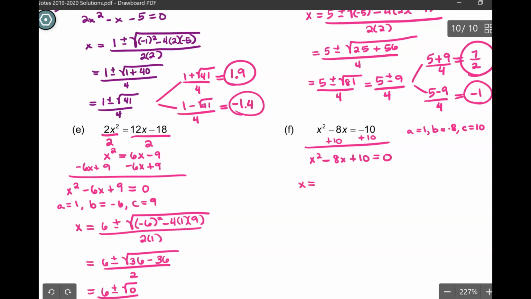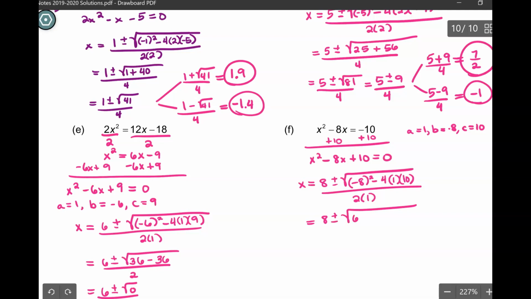So I have x equals negative b, so that's going to make it a positive 8, plus or minus square root. So I have negative 8 squared minus 4 times 1 times 10, all over 2 times 1. So I have 8 plus or minus the square root.